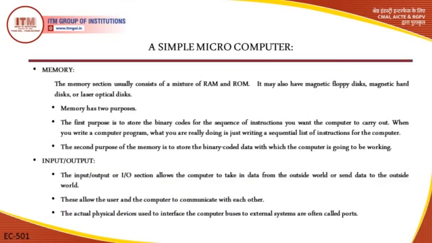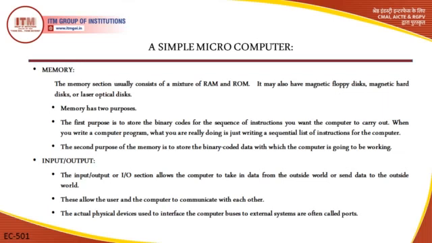So let's elaborate on each block. The first one is the memory. The memory section usually consists of a mixture of RAM and ROM. RAM is random access memory, and ROM is read-only memory. It may also have a magnetic floppy disk, magnetic hard disk or laser optical disk.